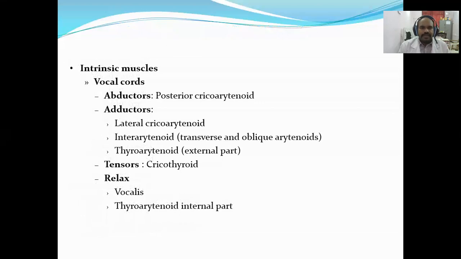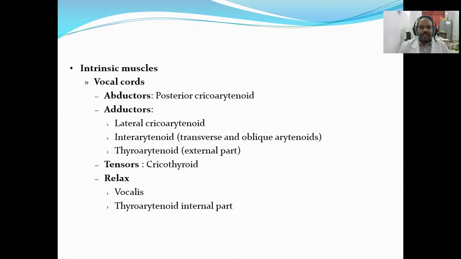Coming on to the intrinsic muscles of the larynx, the abductors of the vocal cord. The only abductor of the vocal cord is the posterior cricoarytenoid muscle. Then we have a few adductors of the larynx, especially your lateral cricoarytenoid, interarytenoid, transverse as well as oblique arytenoid, and thyroarytenoid.